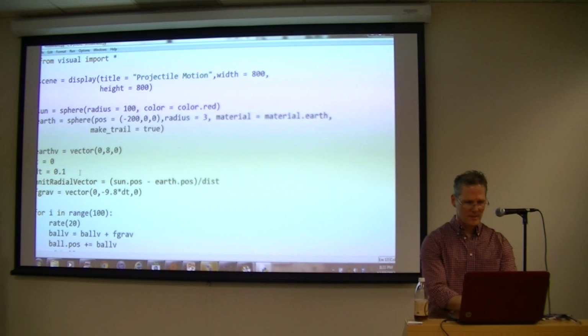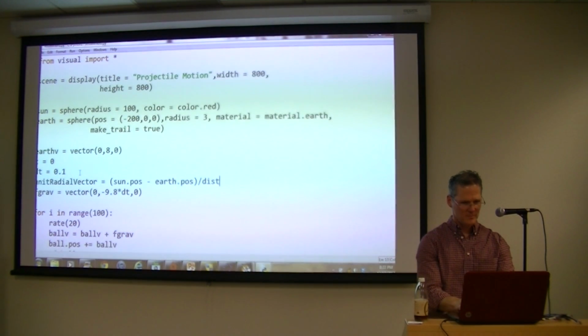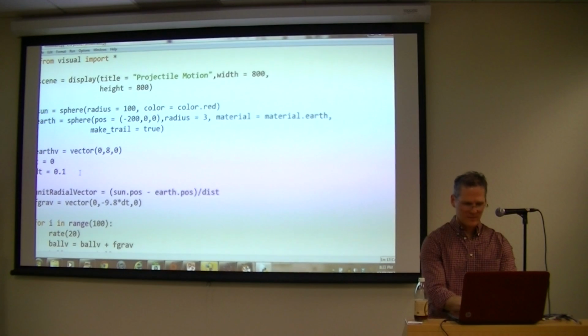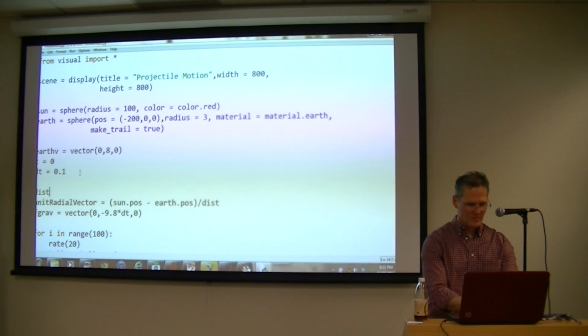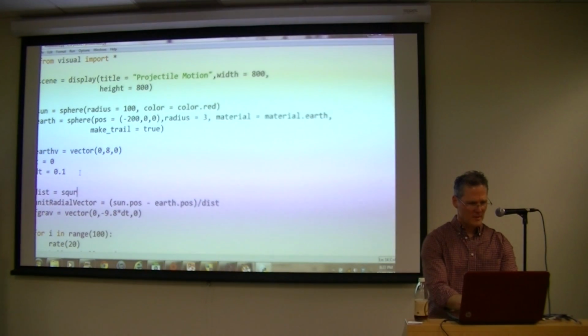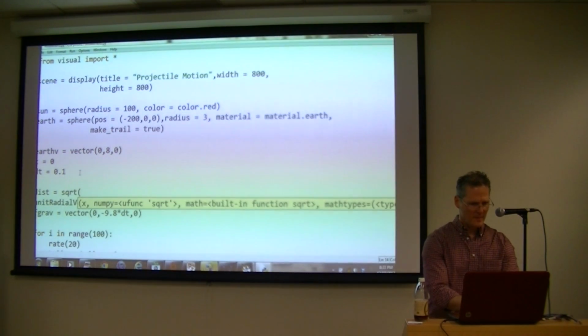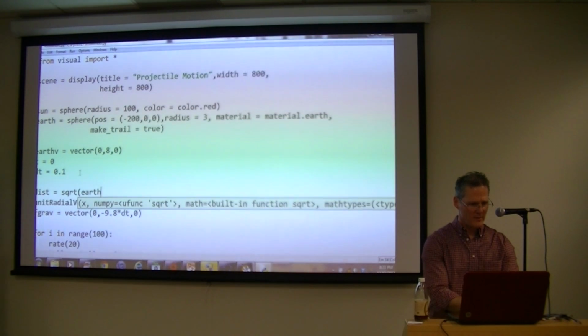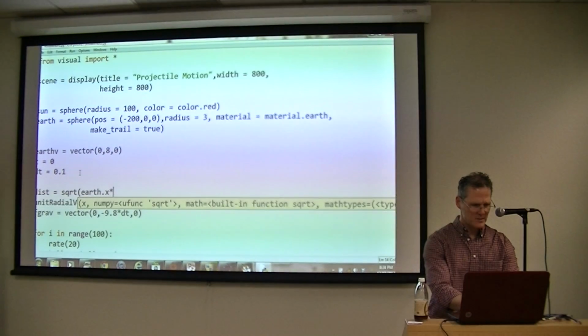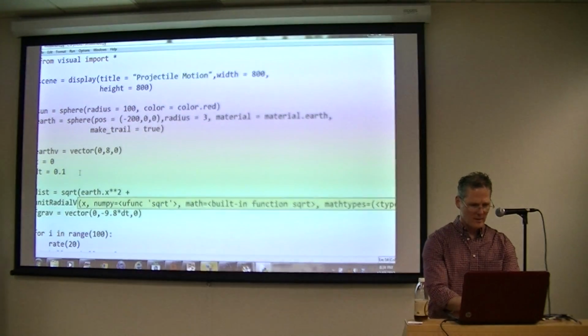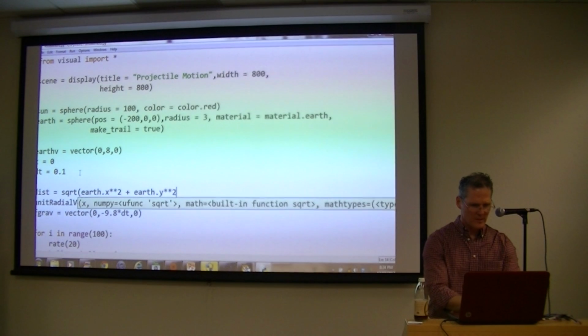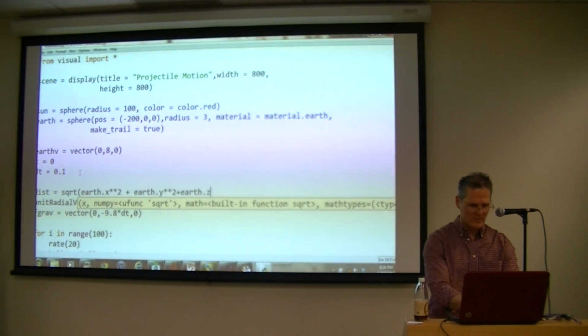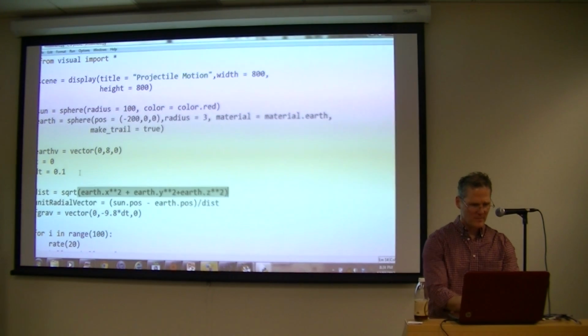Unit has to be divided by the distance. So the distance is the square root of, since the sun is at the center, this is easy, the Earth's x coordinate squared plus the Earth's y coordinate squared plus the Earth's z coordinate squared.